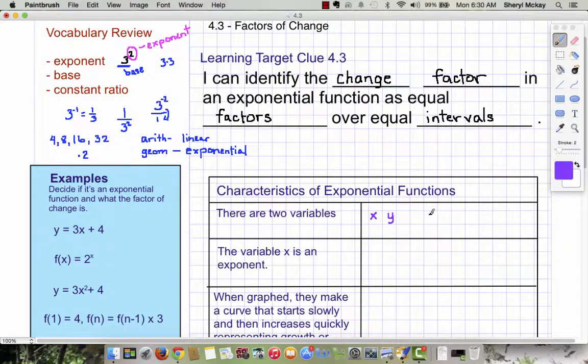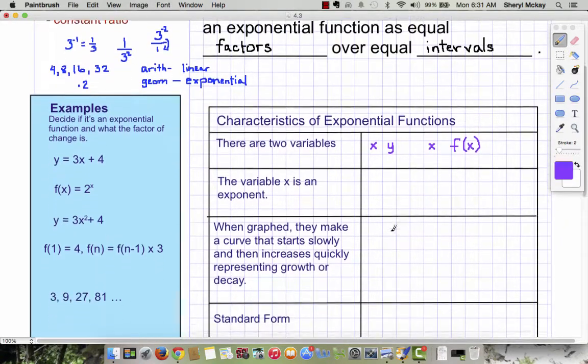Or you might see it like this, an x and an f of x. Same thing, the function of x, all right? The other thing is that we still graph it on a coordinate plane. But remember, f of x is the same as y. It just means the value of y when we apply the rule to x. All right, so that's similar to linear functions.